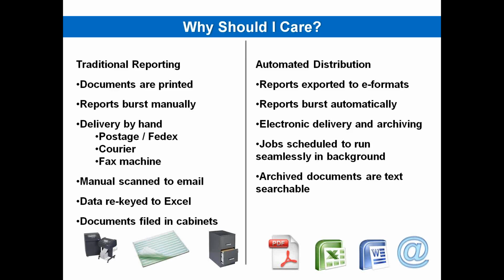Automated conversion and distribution eliminates the paper waste and the associated man hours. And perhaps more importantly, it puts the information into the hands of the people that need it to make the business decisions needed for your company to stay ahead and allow you to focus your efforts on core responsibilities instead of paper chasing.